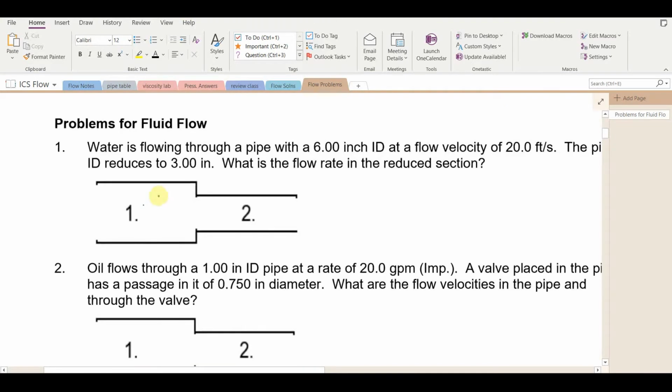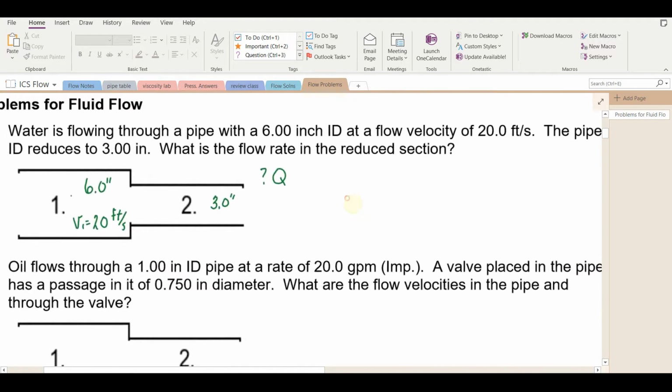So this is 6 inches internal diameter, and here it's reduced to 3 inches internal diameter. And we're told the velocity in the wide section of pipe, we'll call that V1, is 20 feet per second. And we're asked to calculate the flow rate.